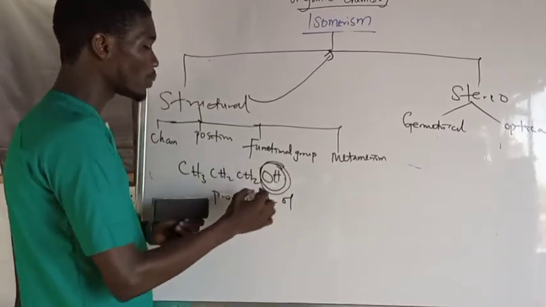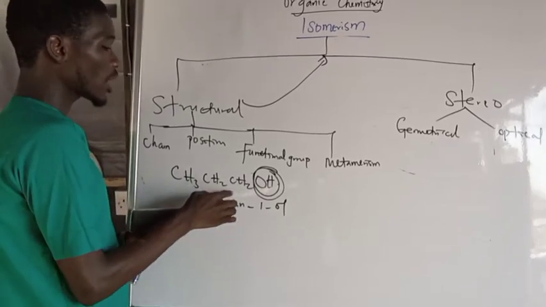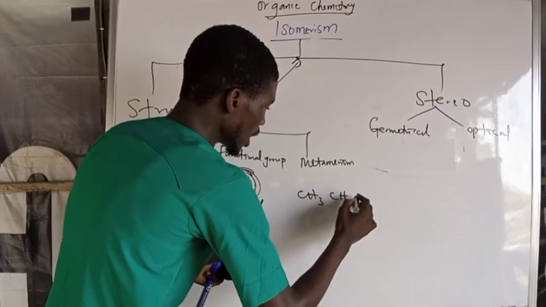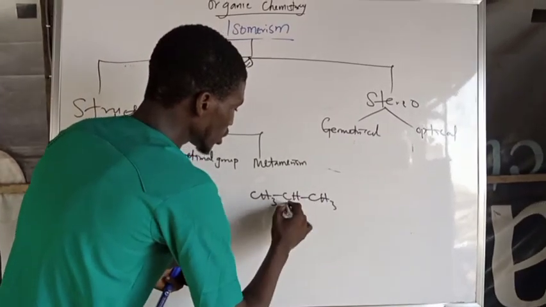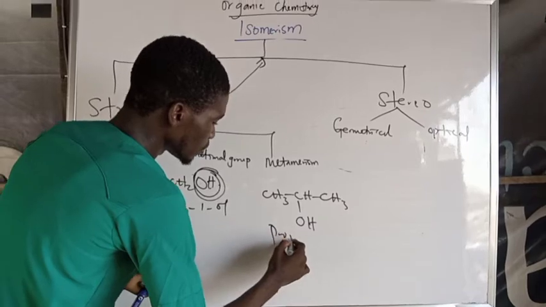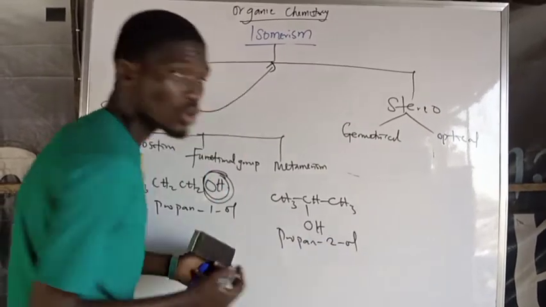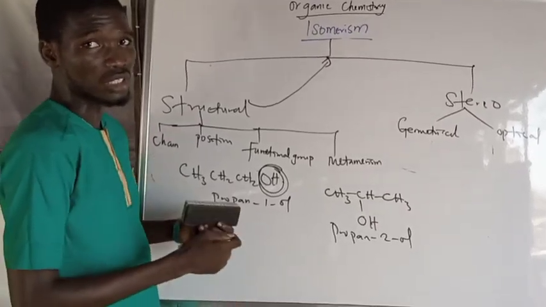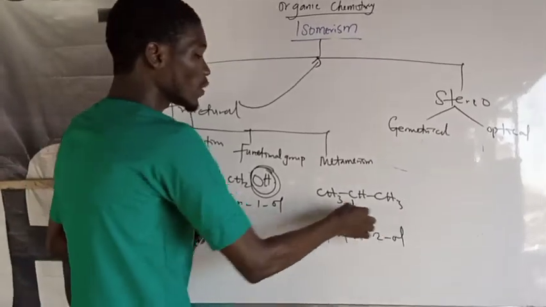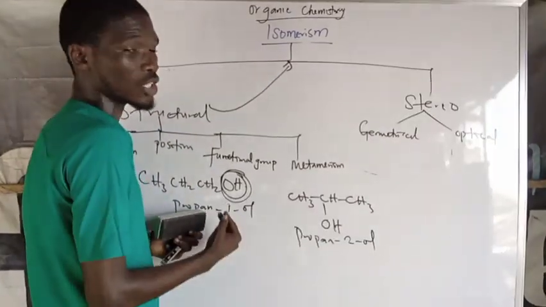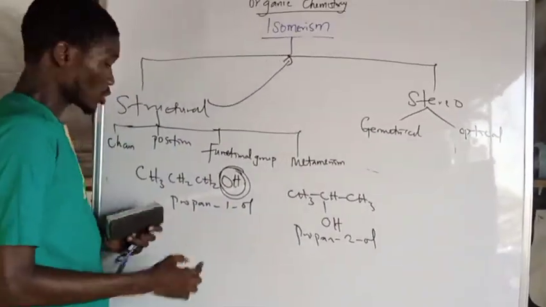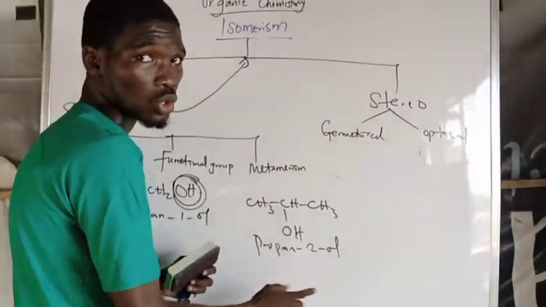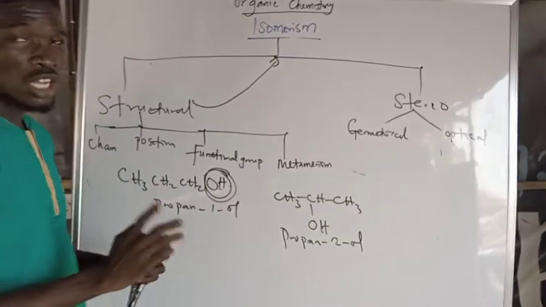Then when this functional group moves to the second carbon atom, we have CH3, CHOH, CH3. So we call this compound propan-2-ol. So the carbon skeleton stays the same, but the functional group moves from the first carbon atom to the second carbon atom. So here we have propan-1-ol, while this we have propan-2-ol. That is for position isomerism.